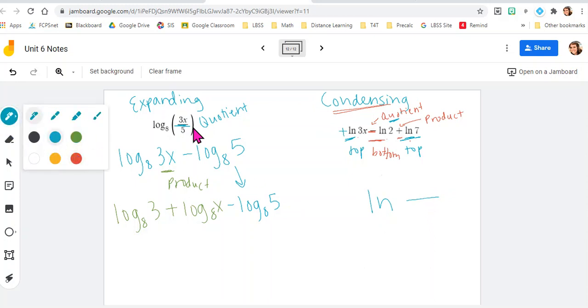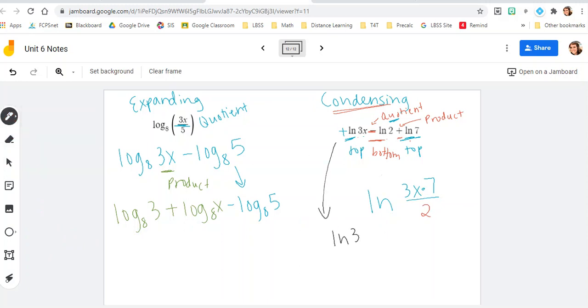So 3x times 7 divided by 2 would be my final answer here. You can also take it one step at a time and just work your way across.